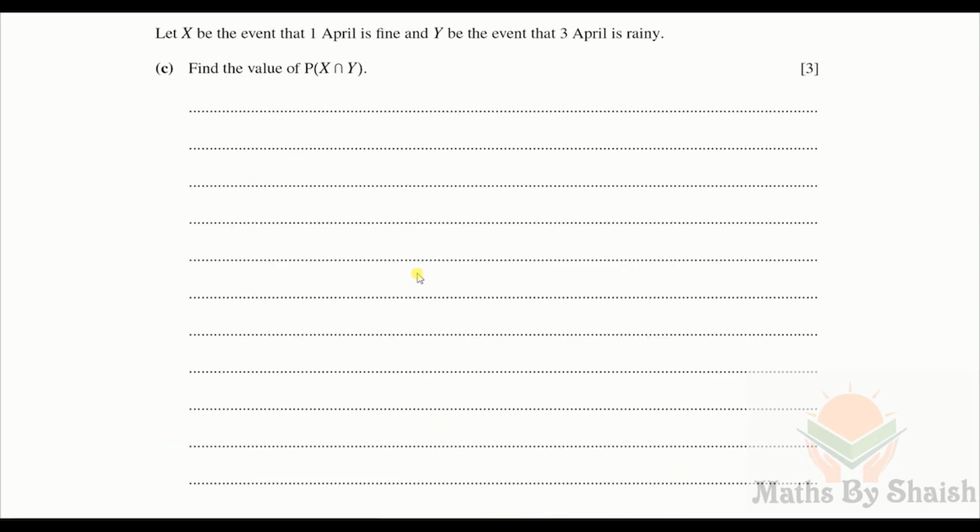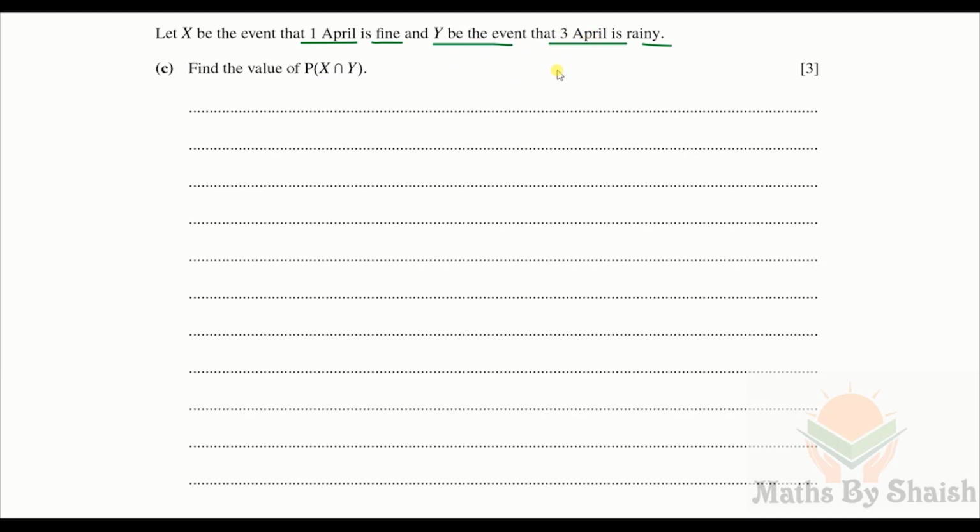Let X be the event that 1st April is fine, Y be the event that 3rd April is rainy. Find the value of probability X intersection Y. So we will see the scenario where we can get the intersection, and we know for 3rd April we need to draw the cases.